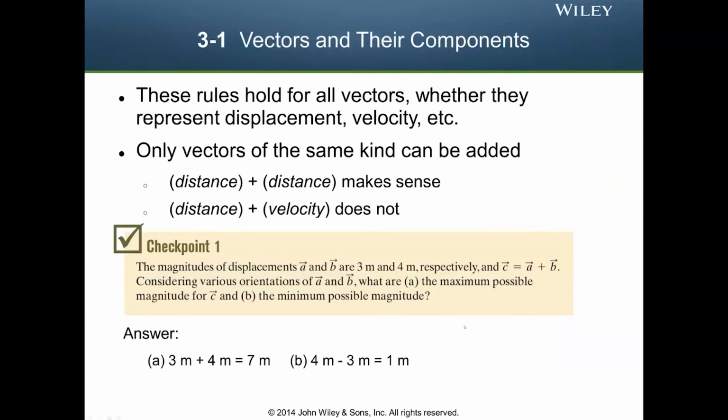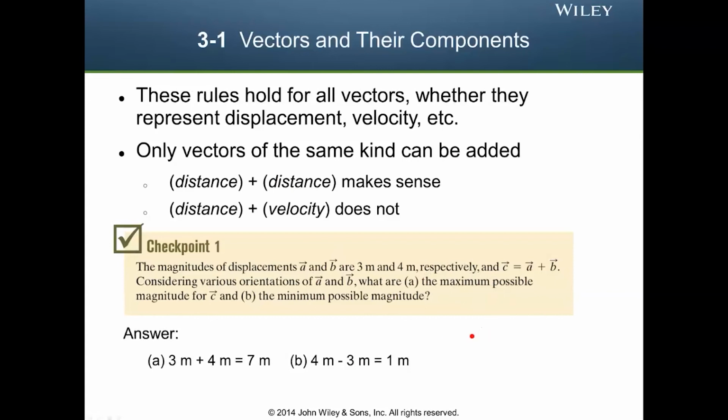Okay, so basically, the question is saying you have 2 magnitudes, one 3 meters and one 4 meters. And it doesn't necessarily give you the directions of what they are. They do have a direction, but it's saying what is the max and what is the min possible if you were to add these things up.